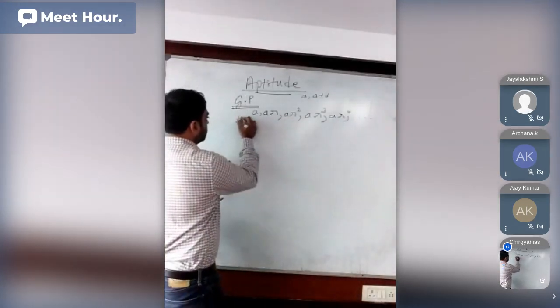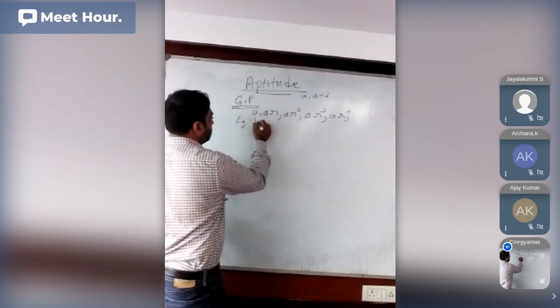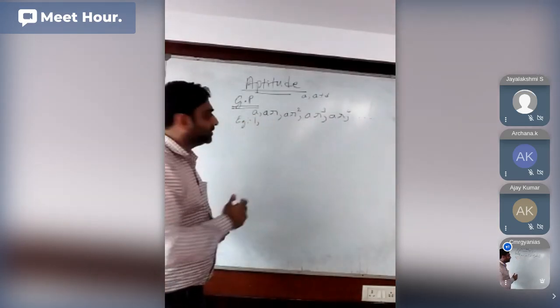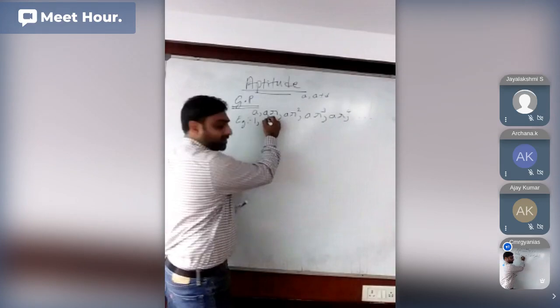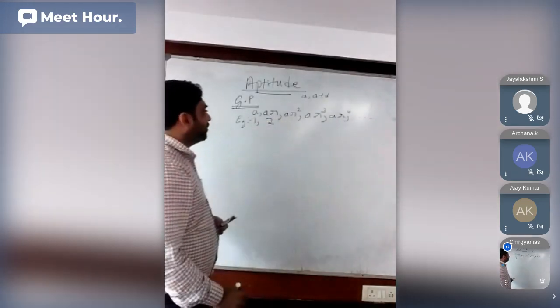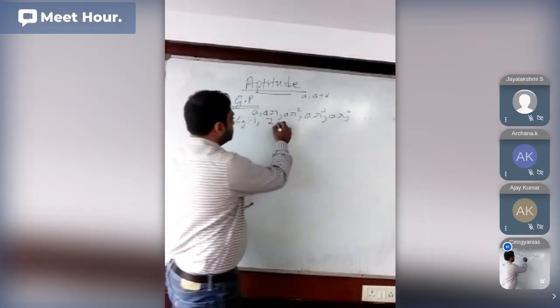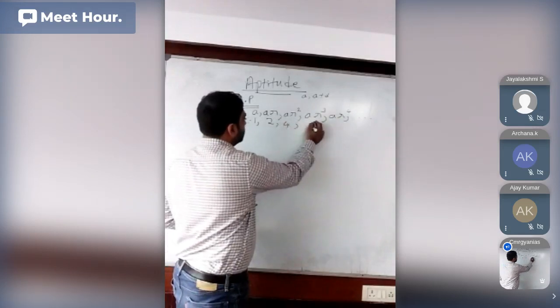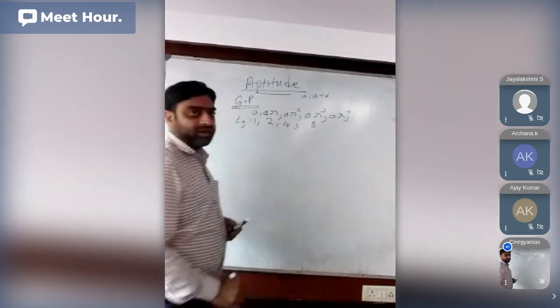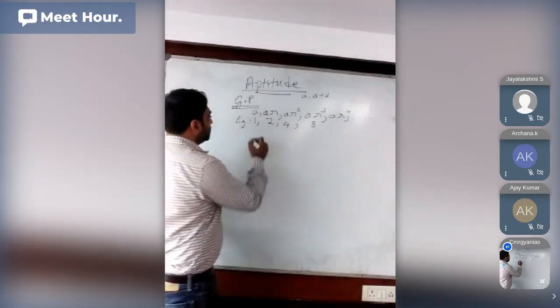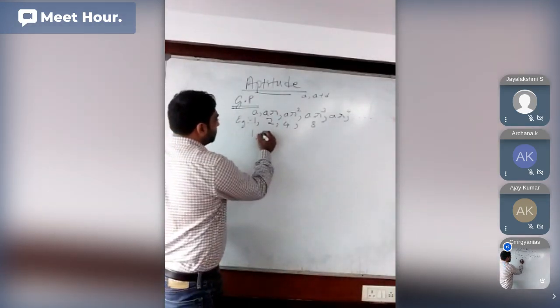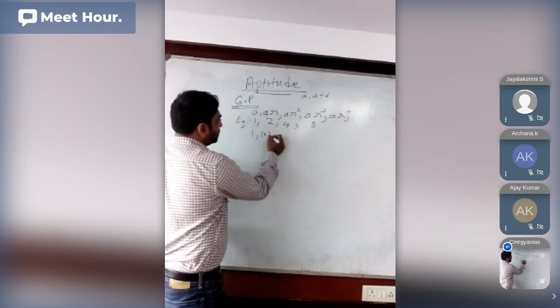The example you can write with the first term is 1. Second term will be 2. Third term 4. This will be 8. Example, you see this will be 1. Then a is 1, so 1 into 2.